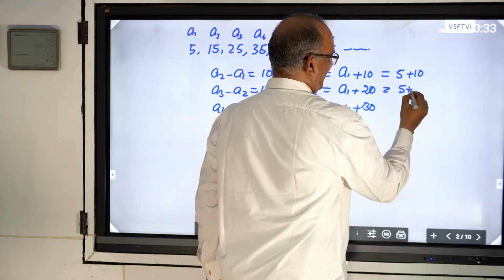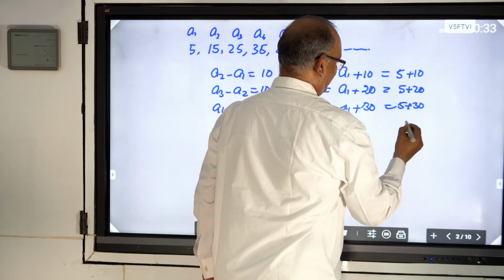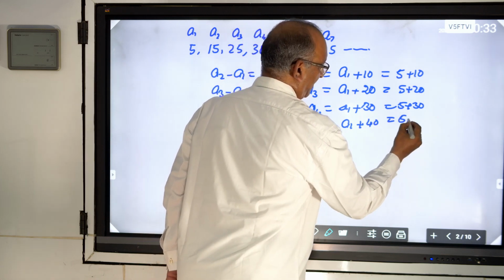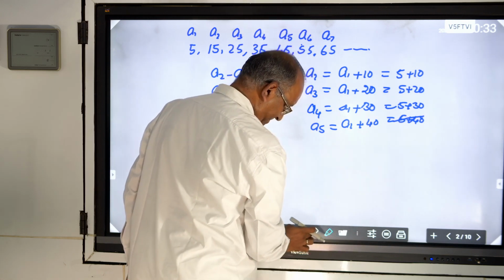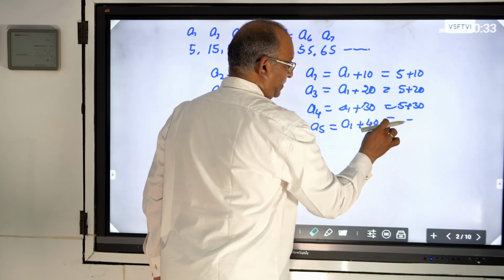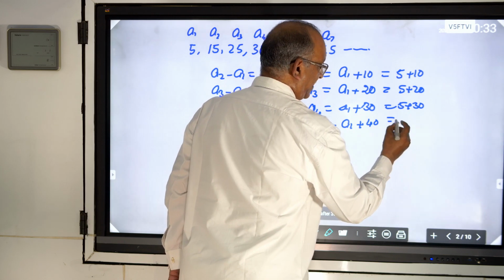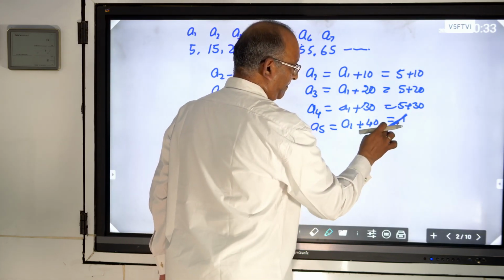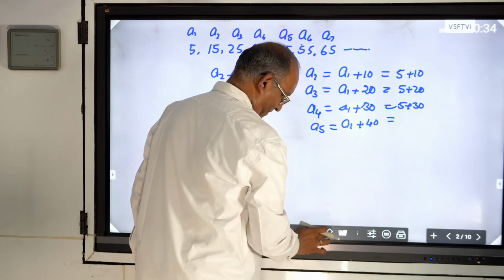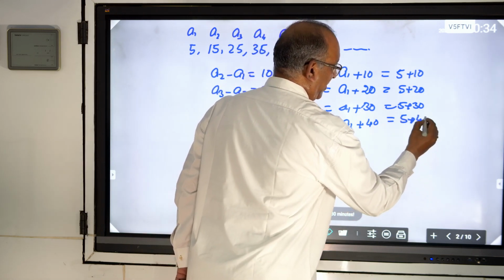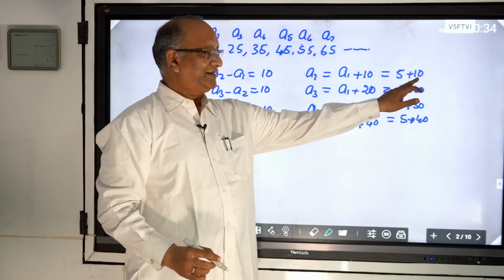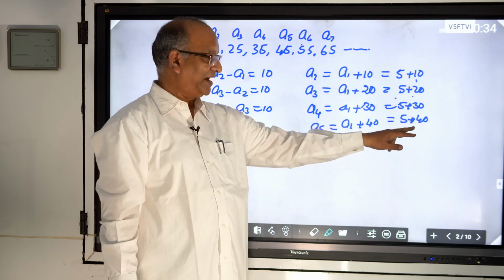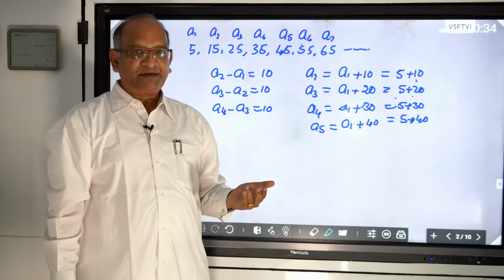So it is 5 plus 20, 5 plus 30, A5, etc. This 10 was the difference. 2 times that difference we added to get the next term. 3 times that difference we added to the next term. 4 times the difference we added in order to get the consecutive terms of the sequence.